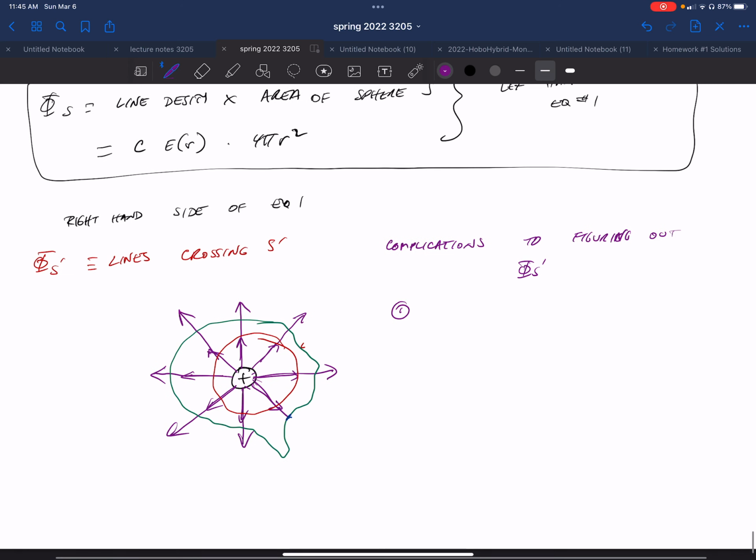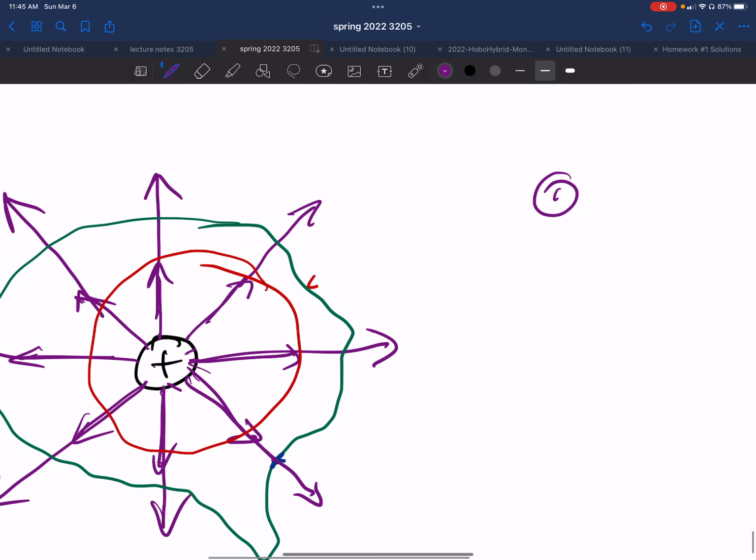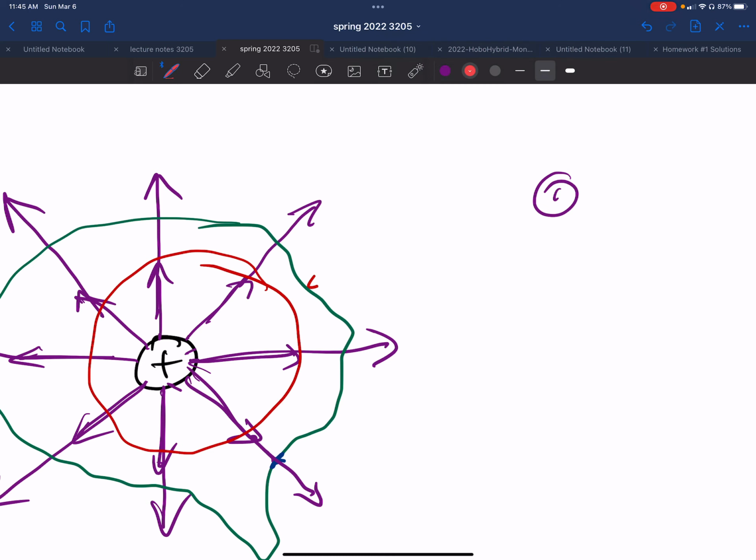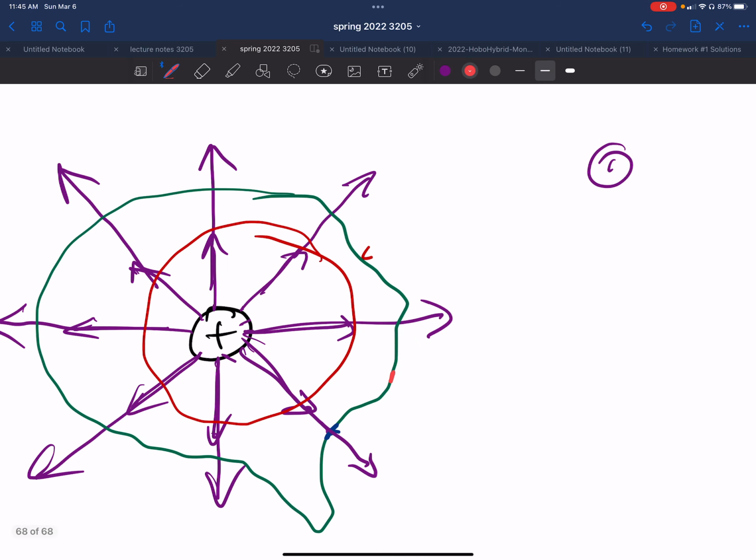I kind of drew that here, with this E field here. If I zoom in and think about the area vector, remember the area vector is perpendicular. We can divide the area of this green shape into a bunch of little areas. Each one of them is called dA, a very tiny area, and that's the actual area.